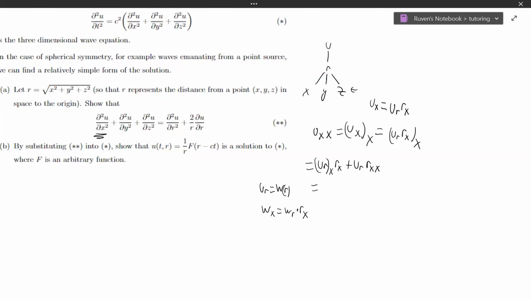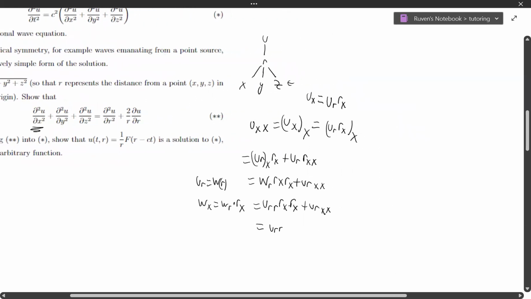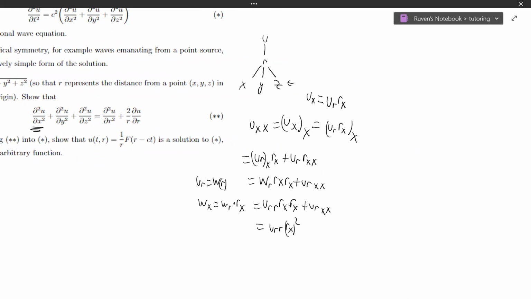If we plug that back in, we get w_r r_x plus u_r r_xx. Then we replace the w, so that means it's going to be u_rr r_x times r_x, and then plus u_r r_xx. Now if we simplify this a bit, we can say u_rr times r_x squared plus u_r r_xx.